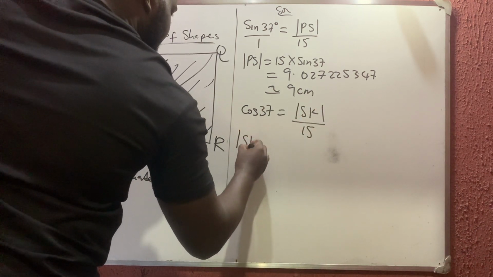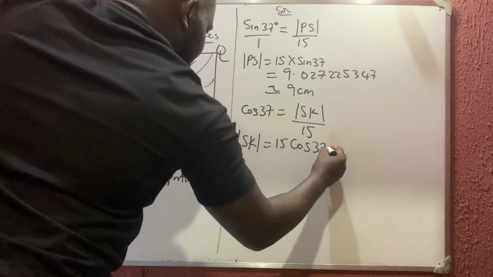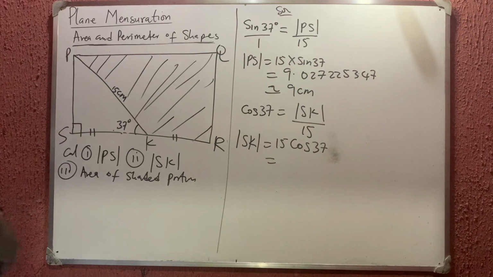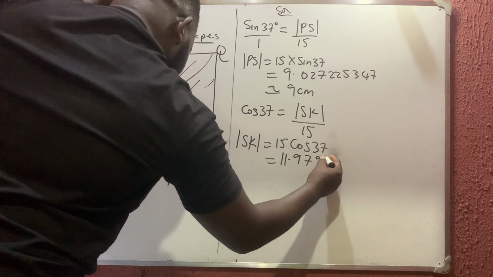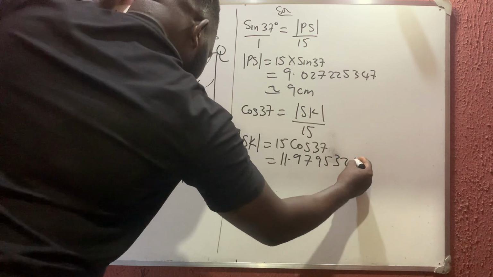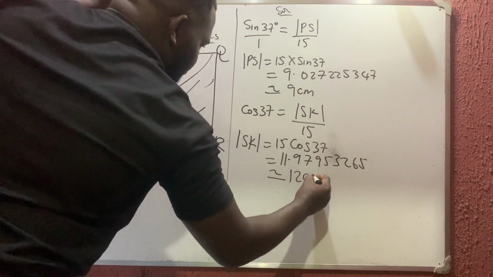So line SK is simply 15 cos 37, which will give you 11.97953265. So if I approximate it to whole number, I'm having 12 cm.